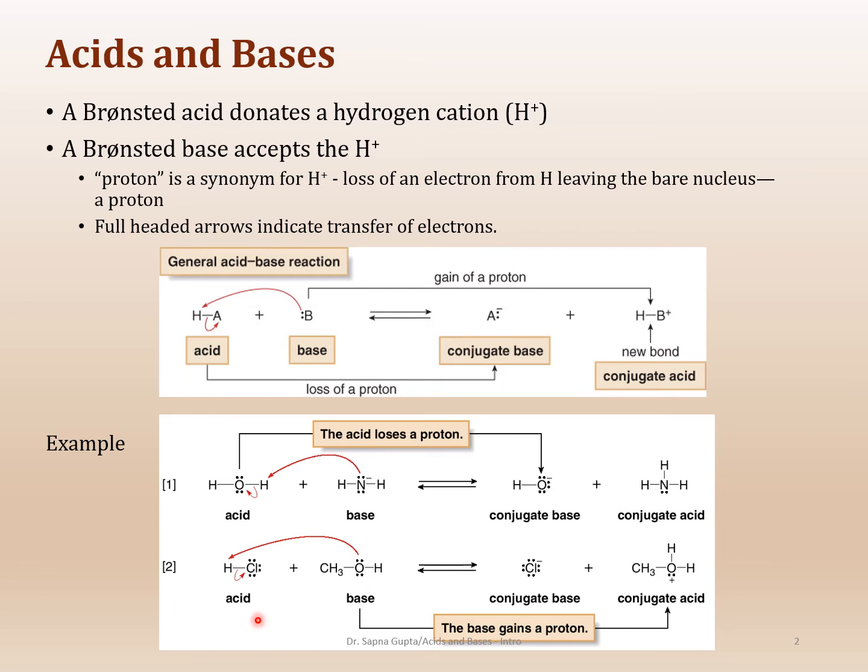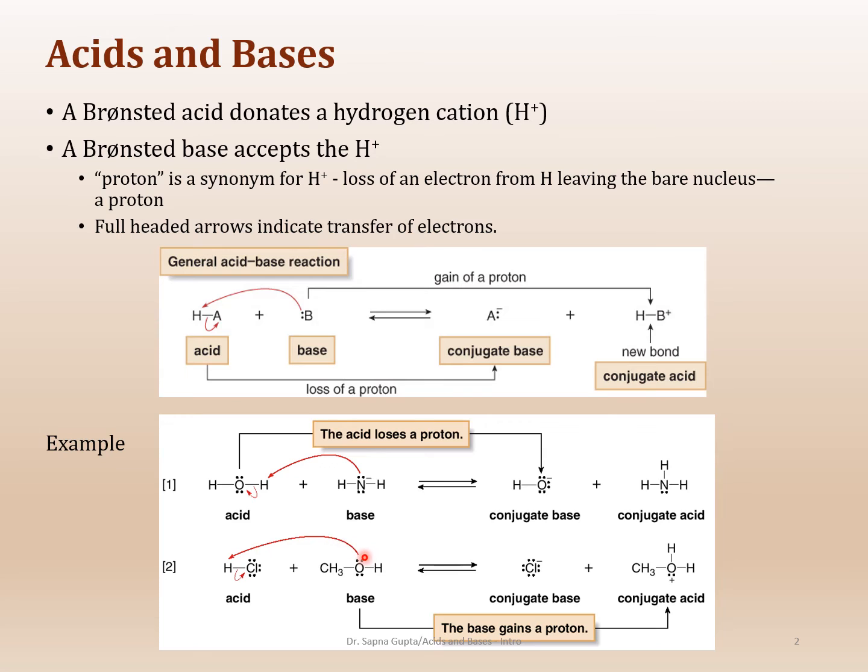Here is an example with a typical acid, HCl, hydrochloric acid, and the base here is methanol. You can think of methanol as water also if you want to. You can ignore the CH3 and substitute that with H, and you'll still get the same kind of reaction. So here, the oxygen will pick up the proton over here.